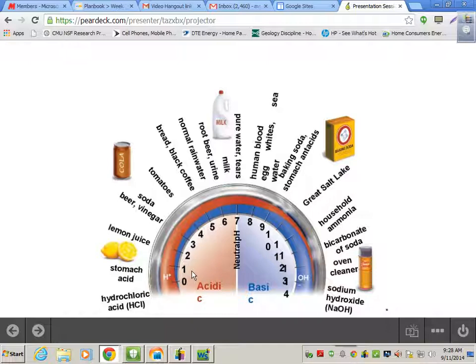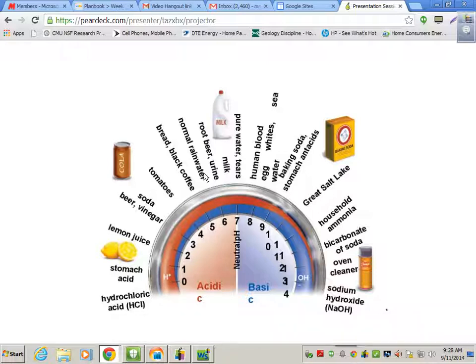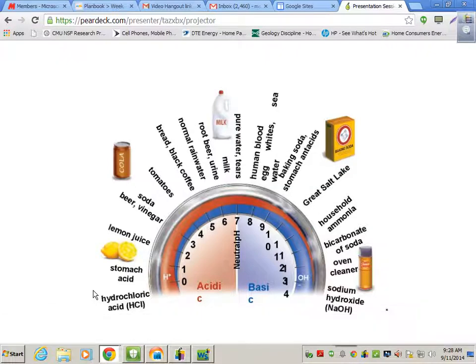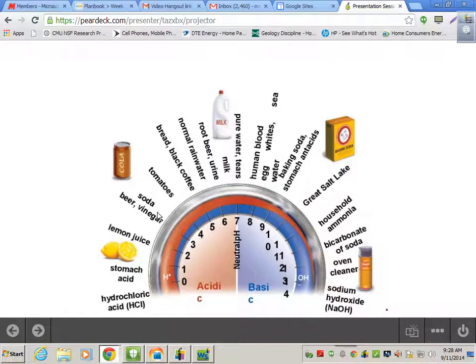So your stomach acid is 1,000 times more acidic than a tomato. So why when I drink something like a pop, which is right here, almost a 3, does it only shift my pH by 1 or a couple of points? How can I do that? Everybody say buffer. Buffer, right?